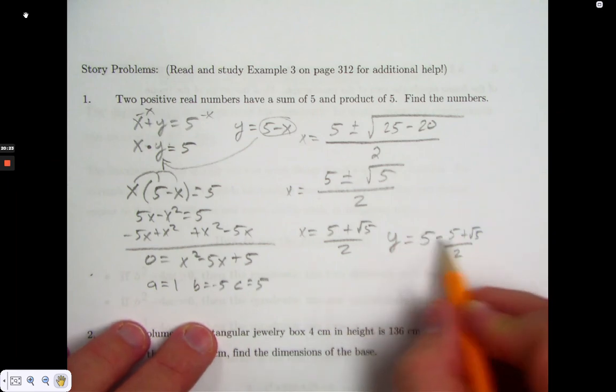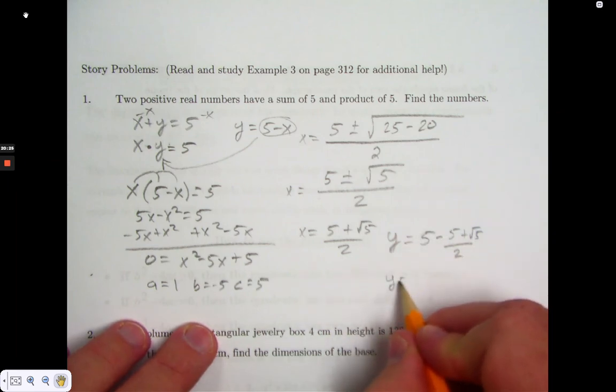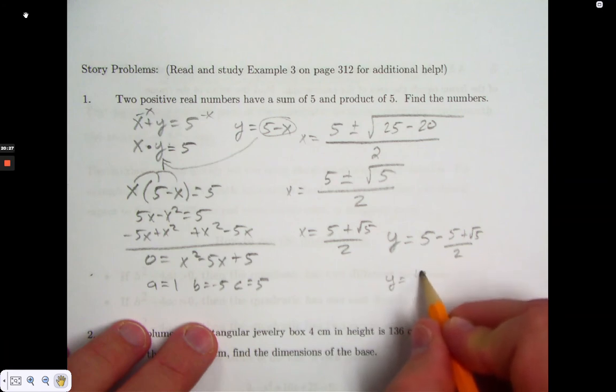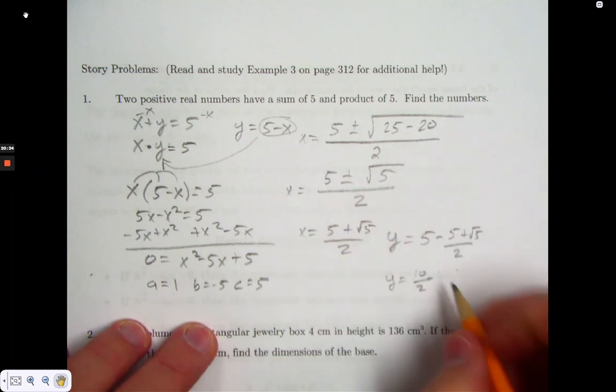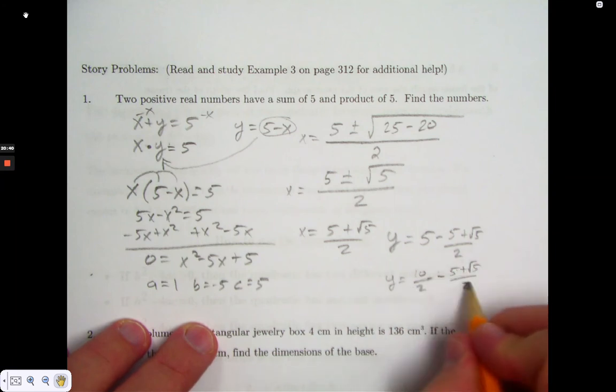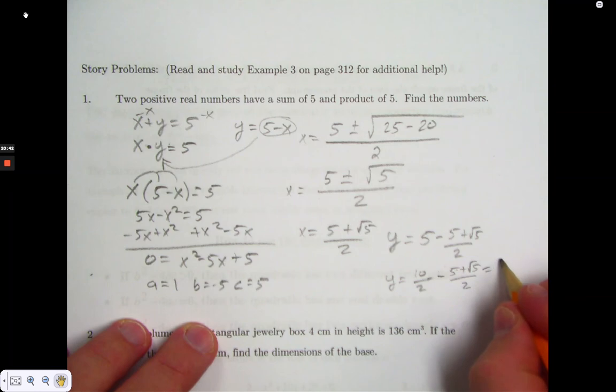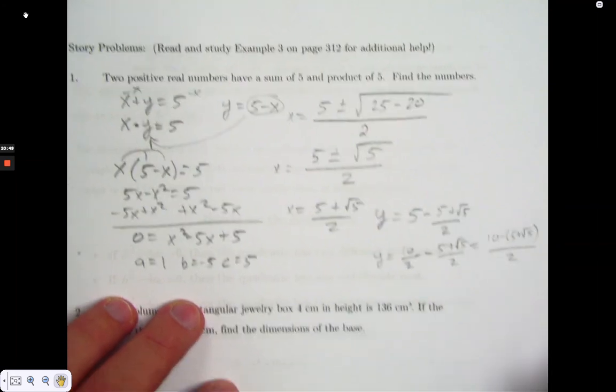Right? So to be able to subtract that out, y would have to equal 5 as 10 over 2. Right? So then when we subtract the 5 plus root 5 over 2, you can write that all as one fraction now. So 10 minus 5 plus root 5 over 2.